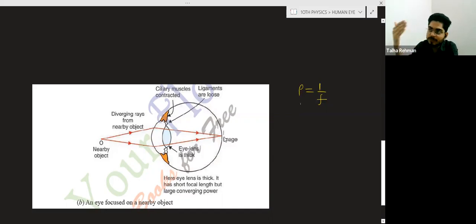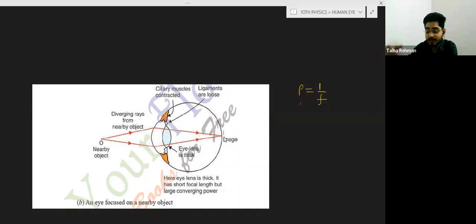So when the object is far from us, the lens is thin. The lens becomes thin due to the action of ciliary muscles, in a relaxed condition. The ciliary muscles are in a relaxed condition, because less power is required to converge the light rays from the distant object.